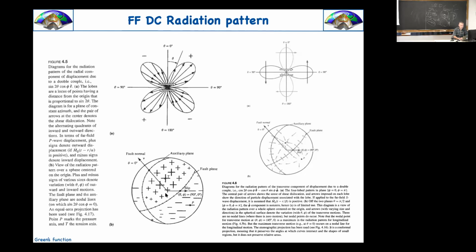If you imagine to put a ball, actually it's called focal sphere, around the point source, that is a double couple, looking at it, we should have 4 quadrants with pluses, minus, and 2 lines that are 0. Actually, the focal mechanism is a representation of this ball here.